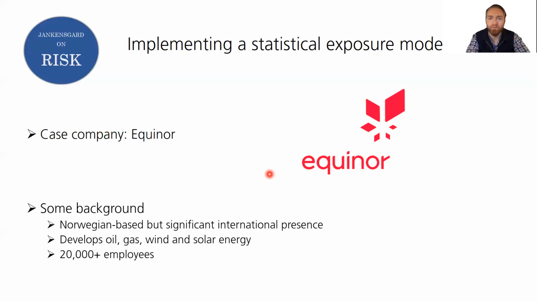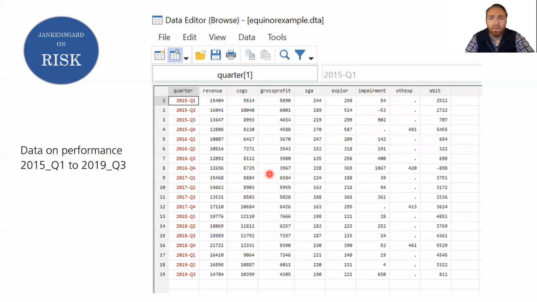So that's the background. To implement the statistical approach, we need data, right? So the first order of business is to find some data on corporate performance that we can use. Here I've lined up corporate performance variables, starting with revenue, cost of goods sold, gross profit, and so on.